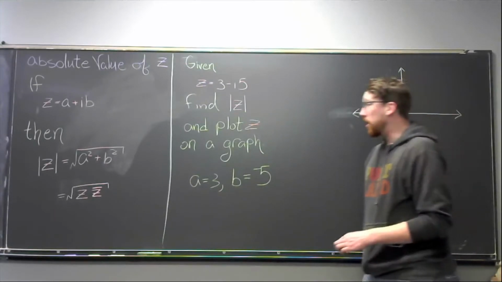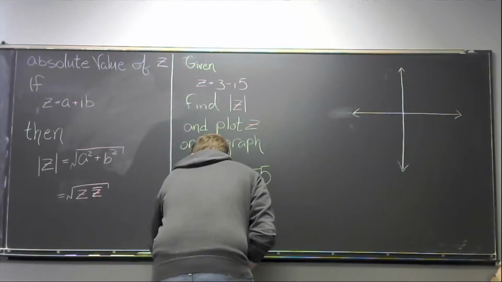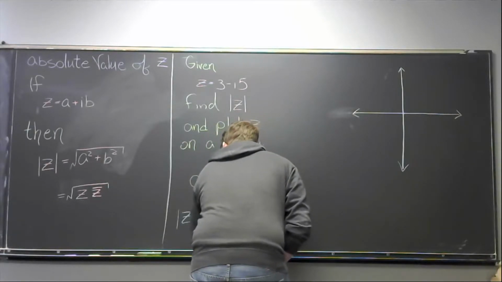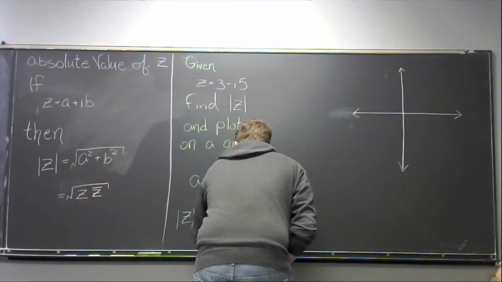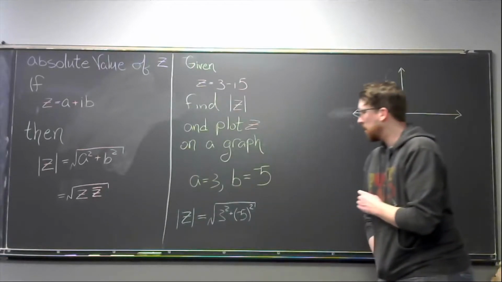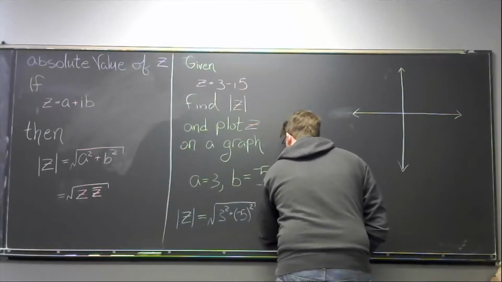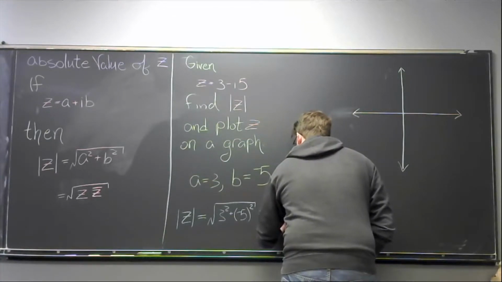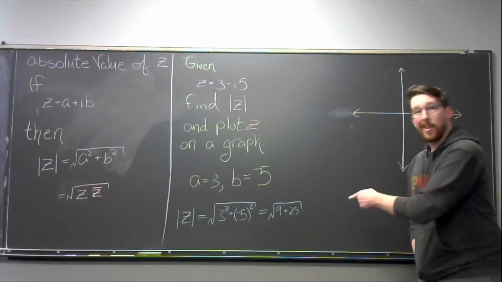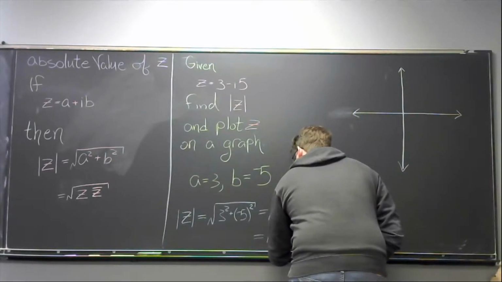So the absolute value of z is going to be the square root of 3 squared plus -5 squared. So this is going to be the square root of 9 plus 25, and this is going to be the square root of 34.